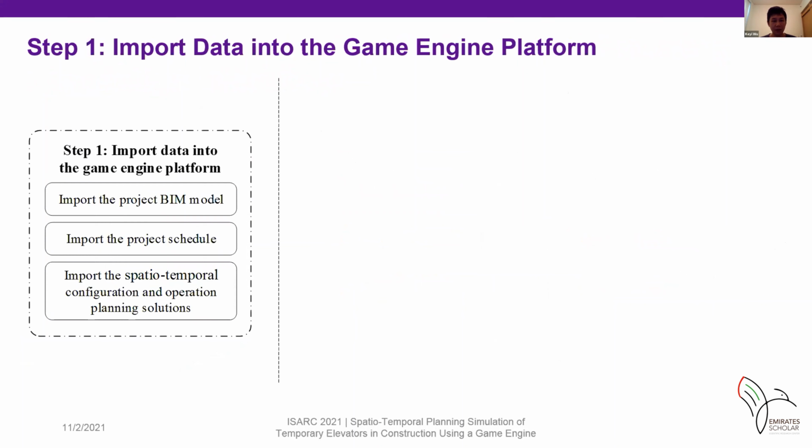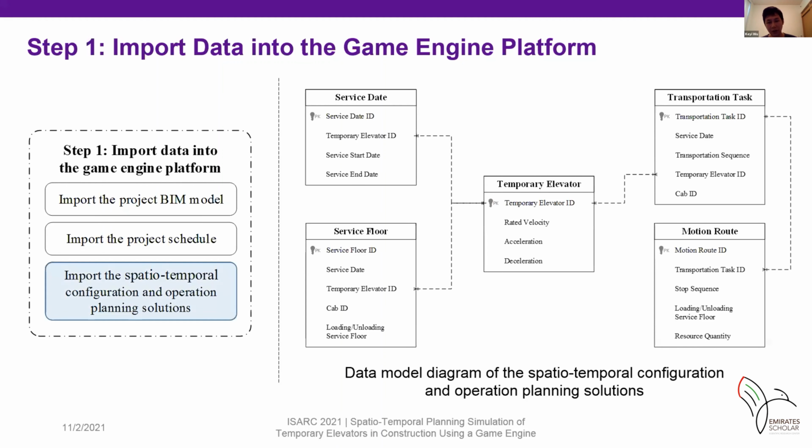In step 1, the data is imported from the BIM model, project schedule, and the planning solutions. The first 2 categories are used to generate the 4D model, and the last one is to determine the planning schemes. In order to classify and organize the data from planning solutions, a data model was established, and there are 5 components.